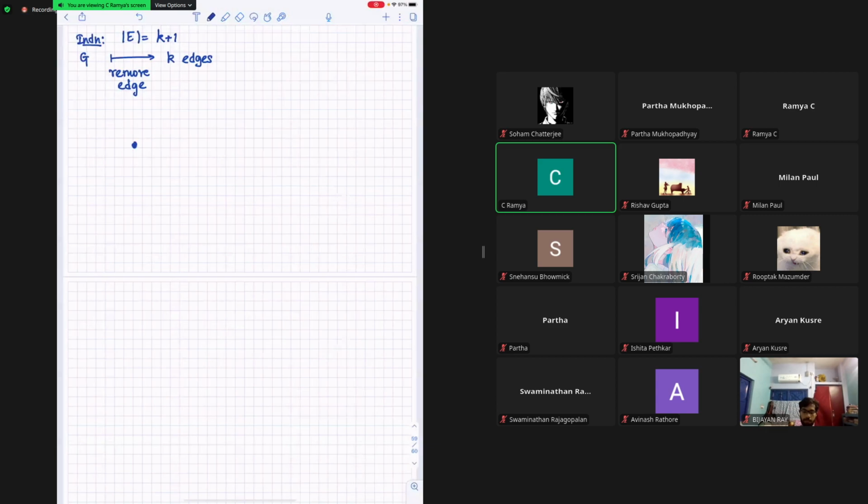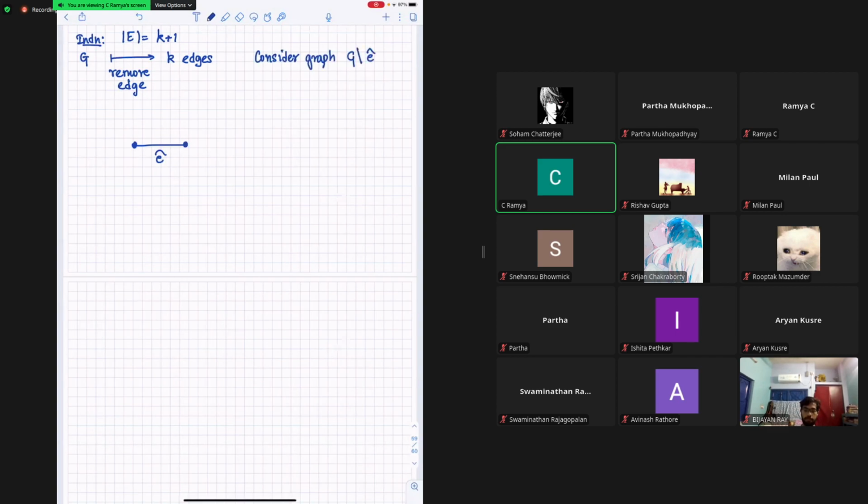So it could be something like this, right? So here is the edge. I wanted to call it E, but let's call the edge maybe E tilde, if that's fine. So you have an edge E tilde. So what we are saying is, you look at the graph G and consider the graph G minus this edge E tilde.